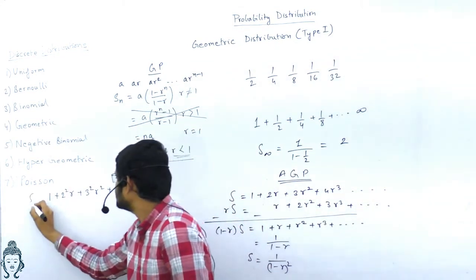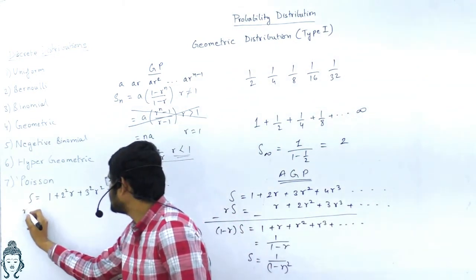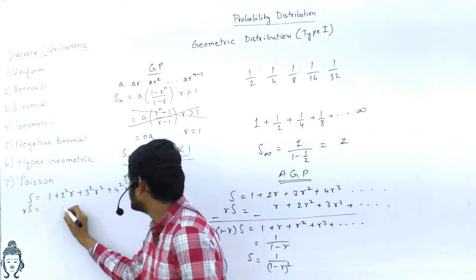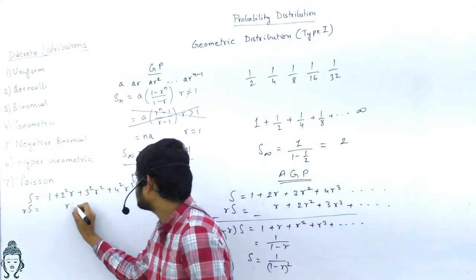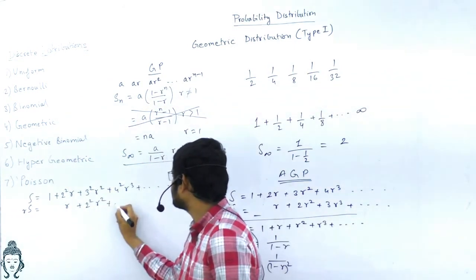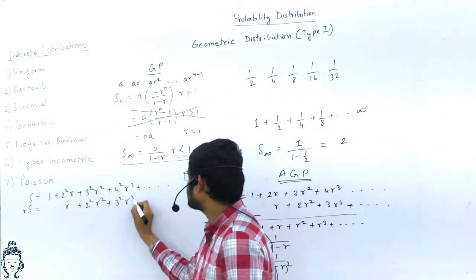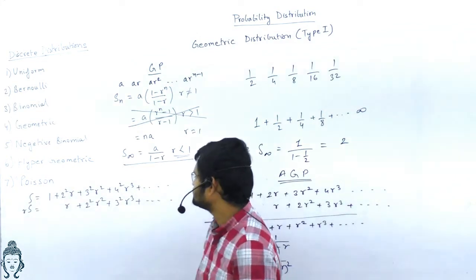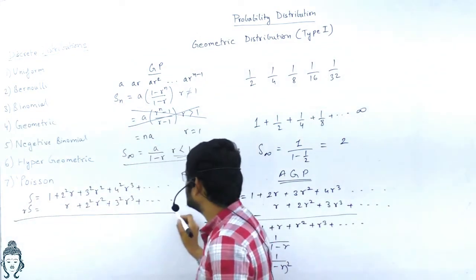So we'll take this as S, we'll multiply by R, and we get and so on. Now we subtract.